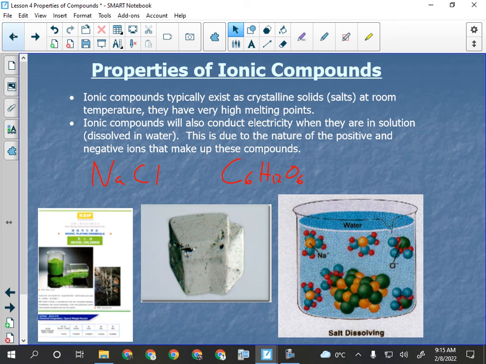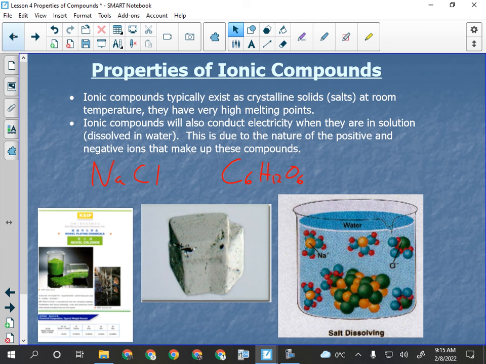Typically, ionic compounds that contain nickel are green. Ionic compounds that contain copper are blue. And ionic compounds that contain cobalt are red to pink in color.